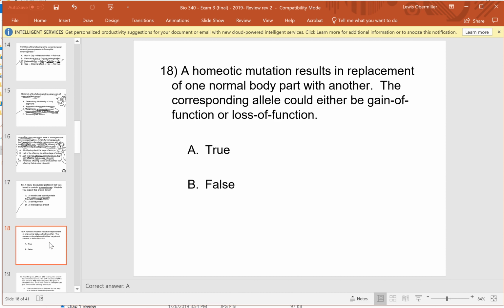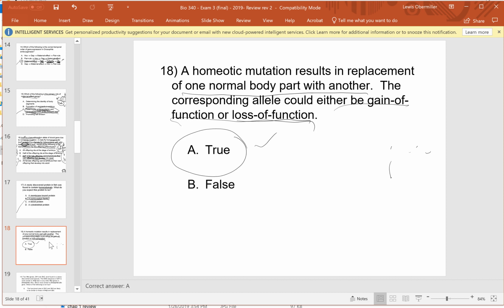We replace one body part for another. Could be gain of function or loss of function. Answer is true. We talked about it, even though you lose an antenna and gain a foot, that's still a gain of function because the gene is normally repressed in that head.